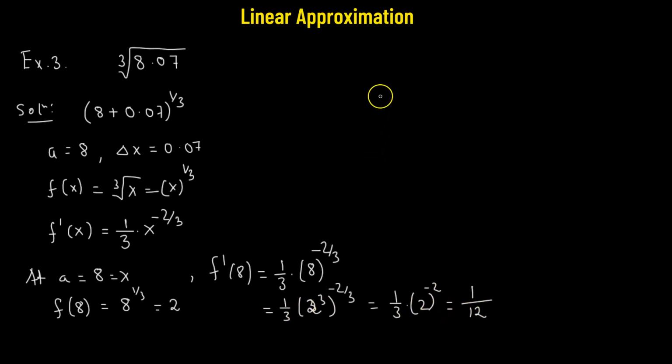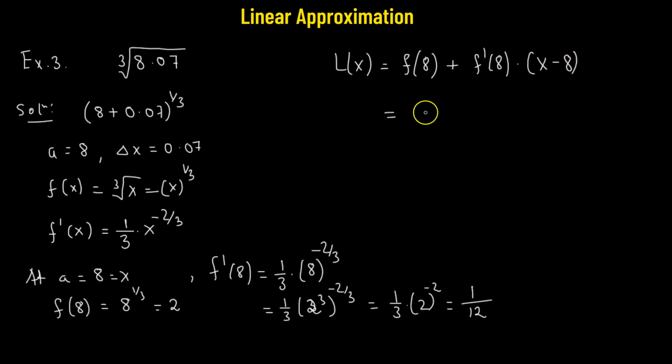Now we'll obtain the linear approximation function L of x, which is given by f calculated at x equals 8 plus the slope calculated at x equals 8 multiplied by x minus a. So f of 8, we obtained a value of 2. Then we have plus 1/12 multiplied by x minus 8.